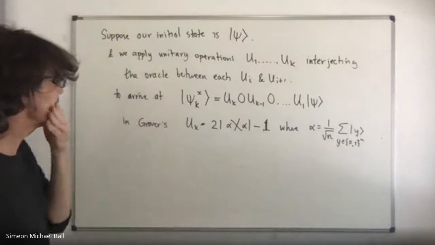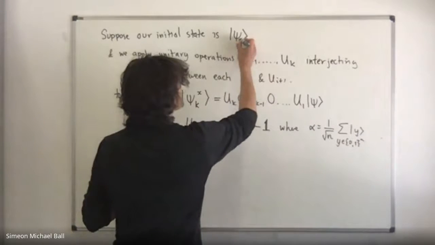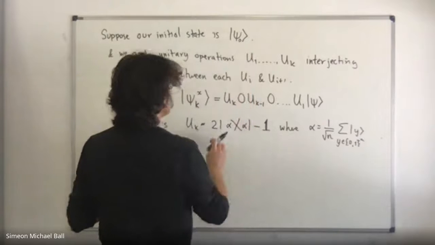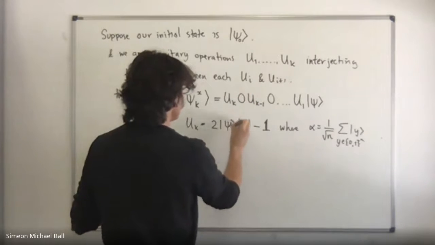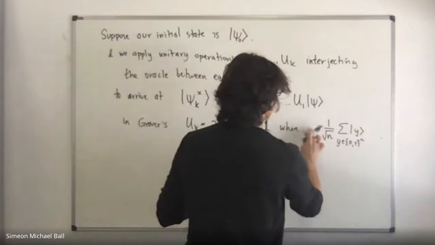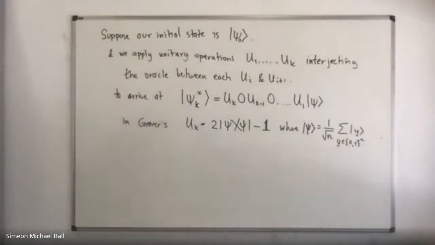I shouldn't use alpha then. Let's just call this phi or something like that.